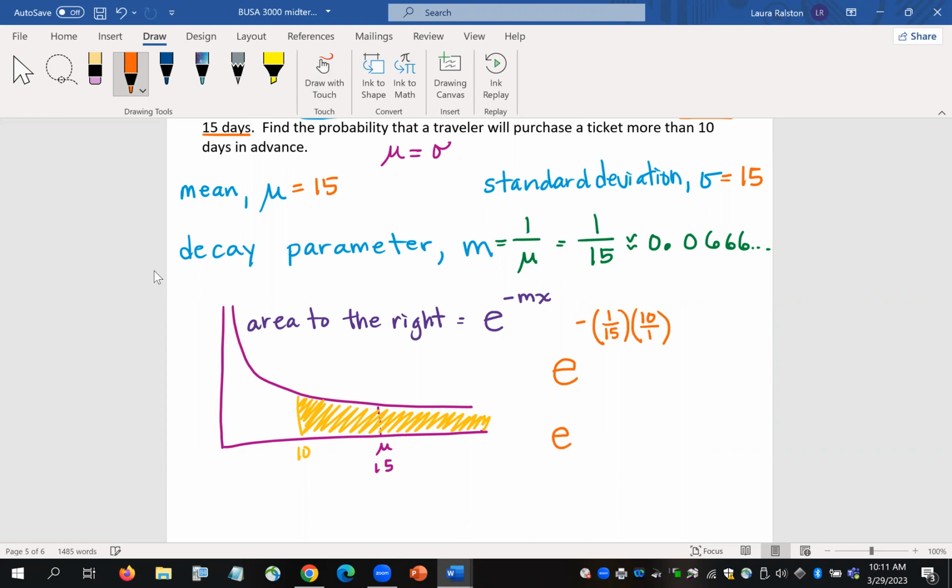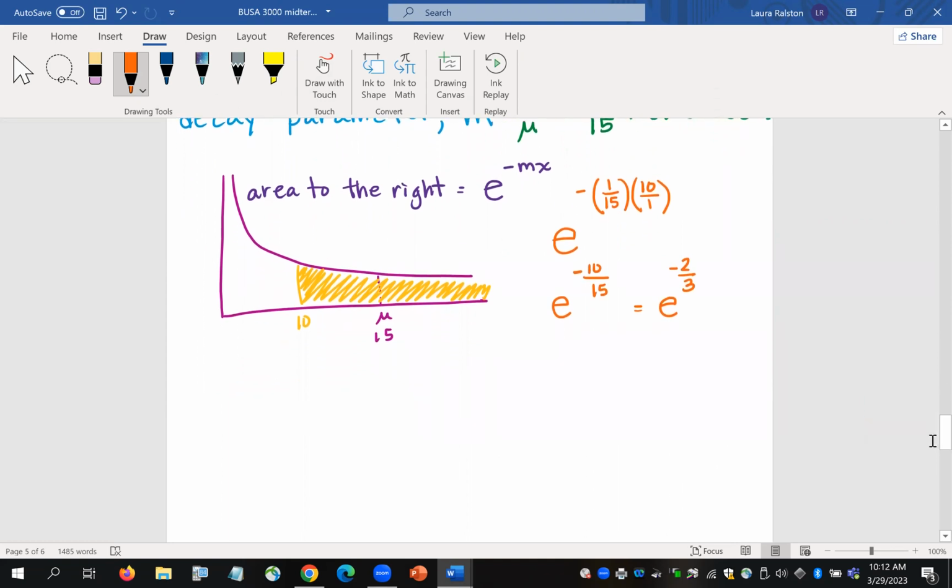Okay, so 1 times 10 is 10, 15 times 1 is 15. That's e to the negative 2/3. Okay, it simplifies. And then I'm going to enter that into my calculator.